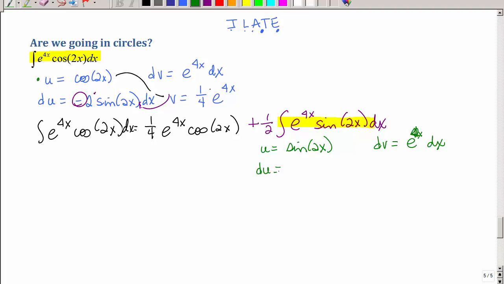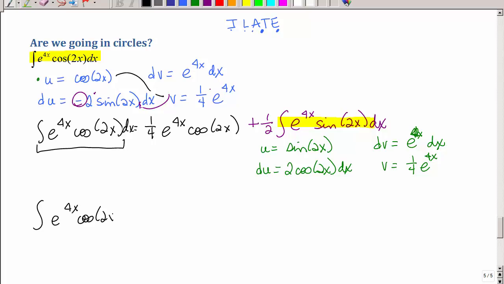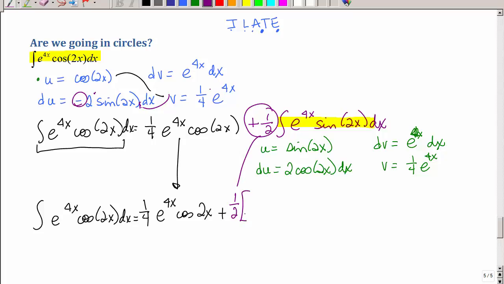So I take the derivative of sine, which would be positive 2 cosine 2x dx, and integrating again, I have this problem. I'm also going to bring down this constant, and I'm going to put a big bracket, so I can remember that when I integrate this, I'm going to have to distribute that 1/2.